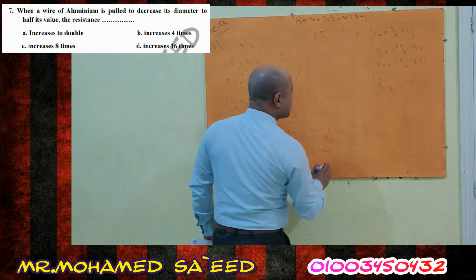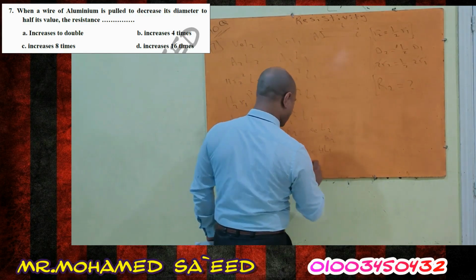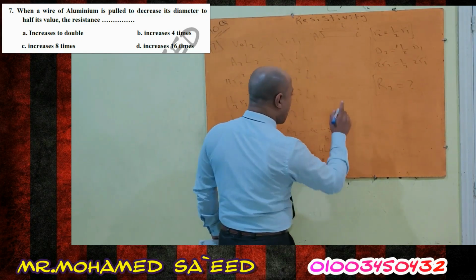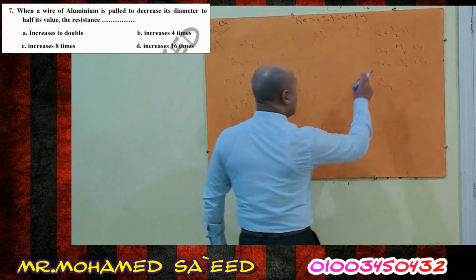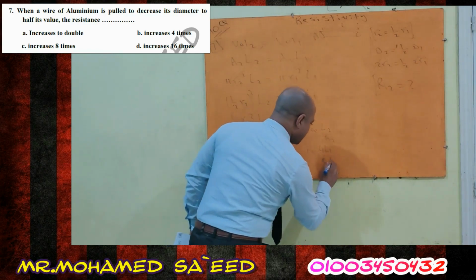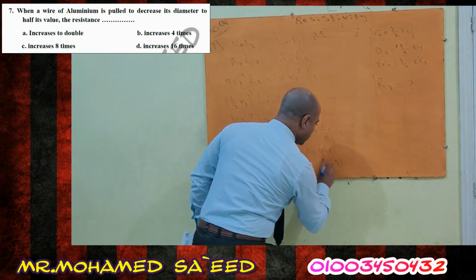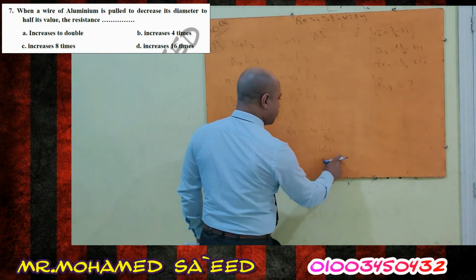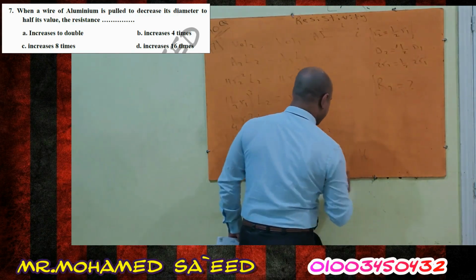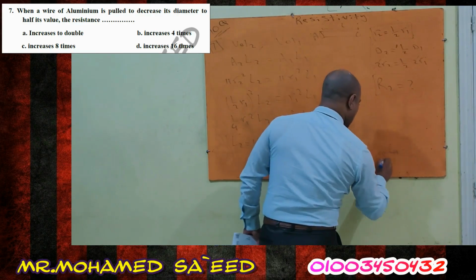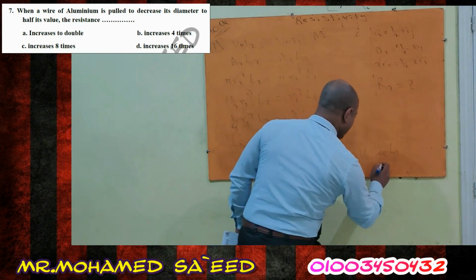A2 equals πR2², and R2 equals half R1, so half R1 all to the power 2, which equals 1 over 4. 4 times 4 equals 16. So 16 ρ L1 over πR1².